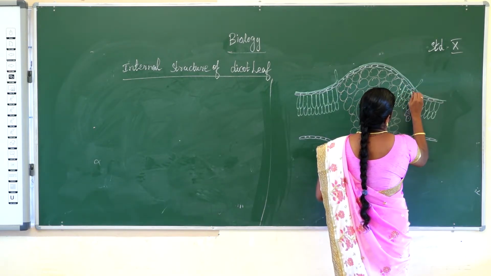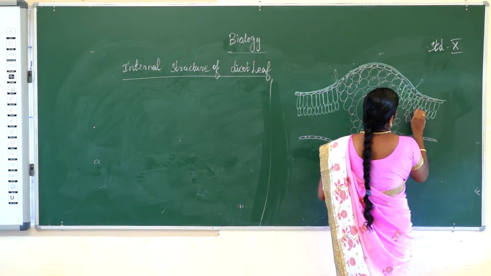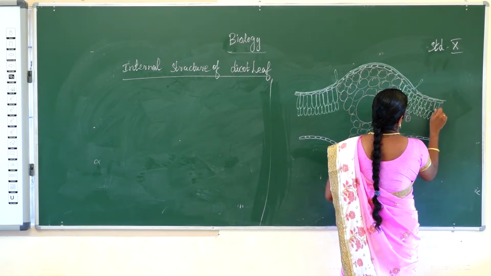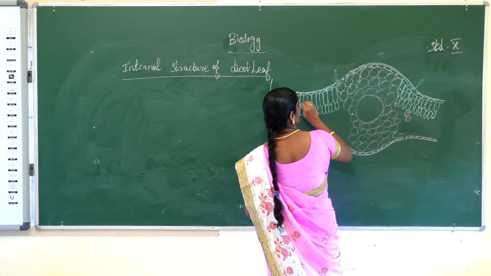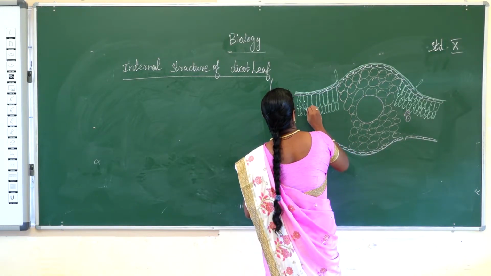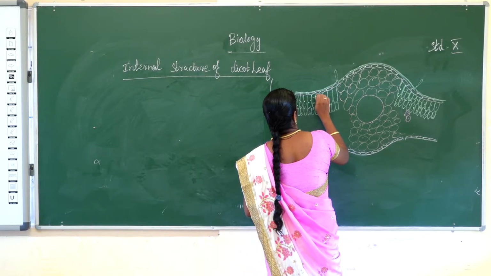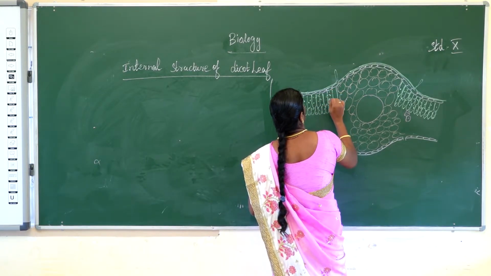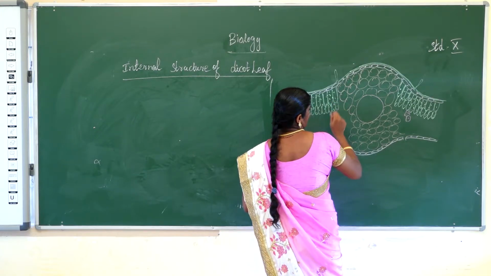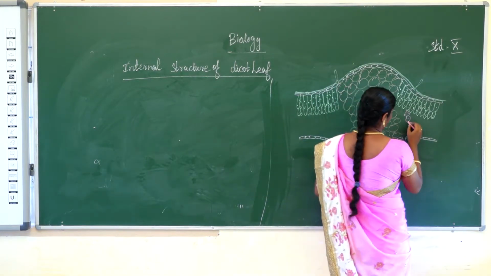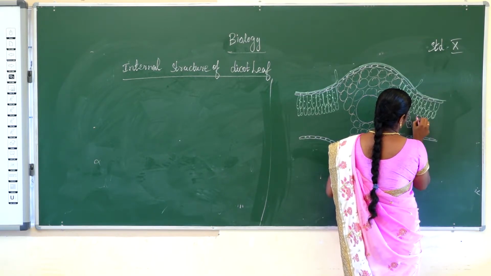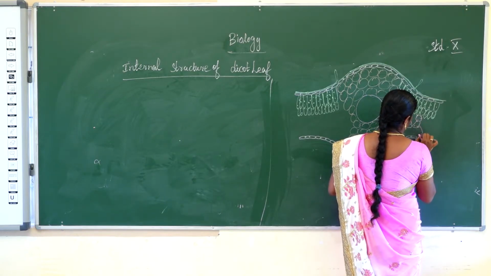This is palisade parenchyma. Inside, the chloroplast is present. This is spongy parenchyma. They are arranged with intercellular spaces.